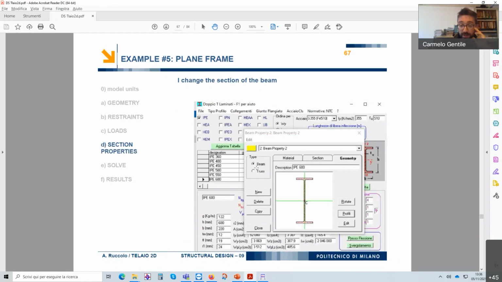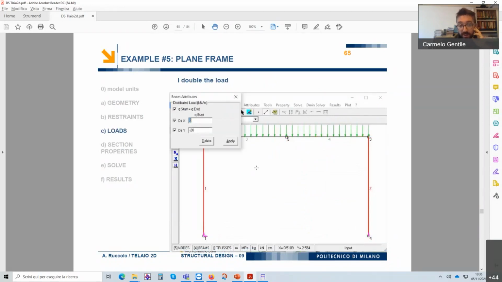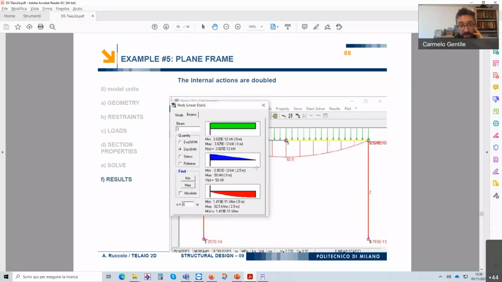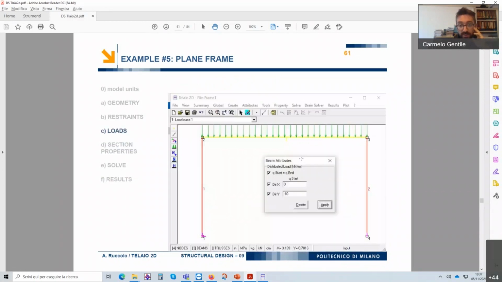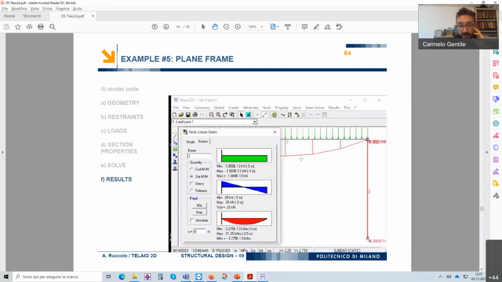Obviously, in a statically... I don't know if you can see from here, if you have a load of 20 kilonewton over meter, the maximum bending moment associated will be 62.5. If the load is -10, the maximum bending moment will be 31.25.